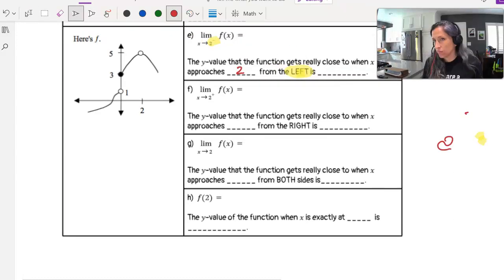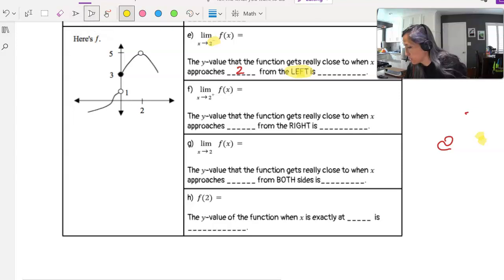All right. Let us hope for my sanity this continues to work. So we are approaching 2 now. So we're going towards x equal to 2, and we can do so from the right or the left.